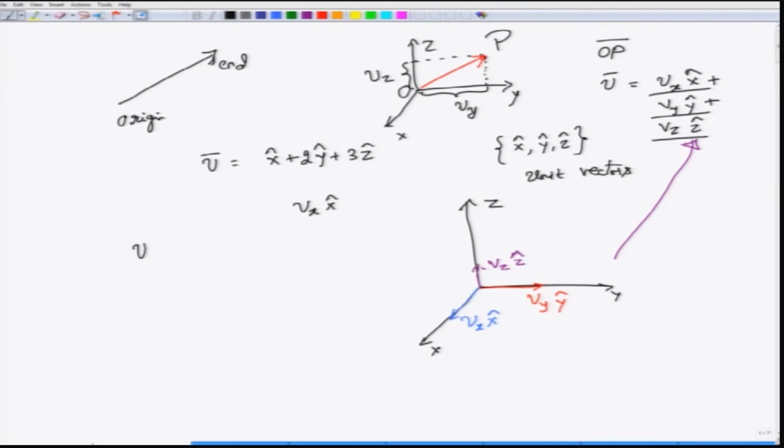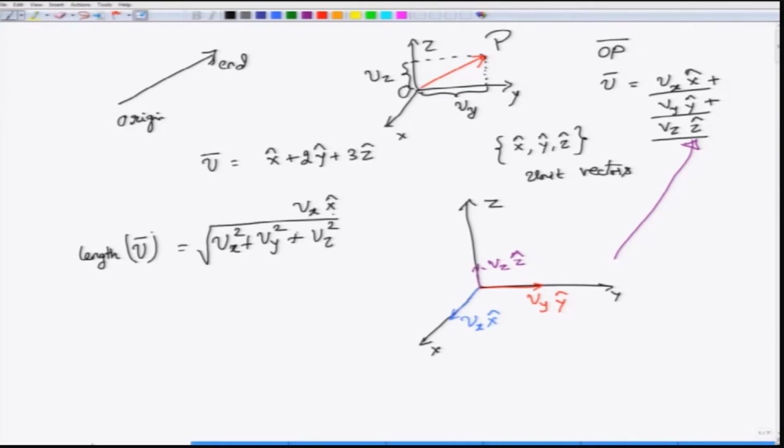If I want to find out what is the length of this vector, I know that from its components, which are given as Vx, Vy and Vz, I can write this as the square root of Vx square plus Vy square plus Vz square.